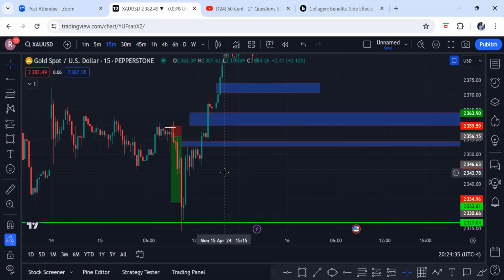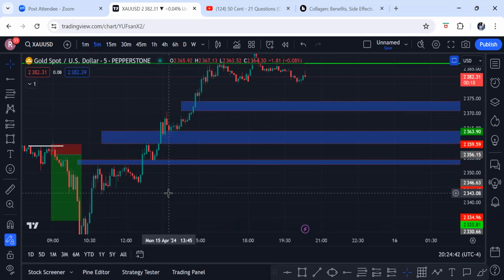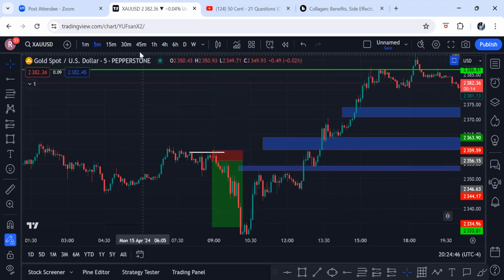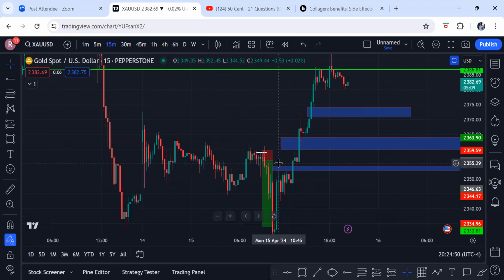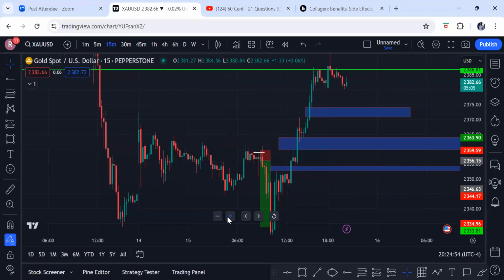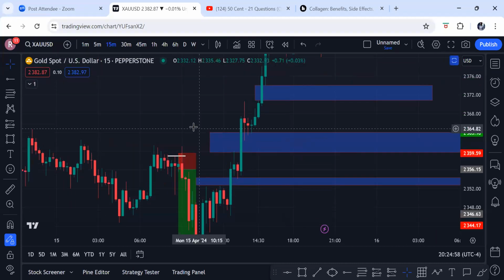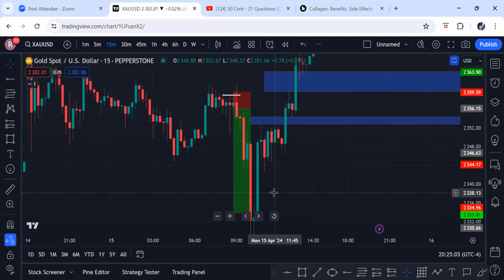Anybody can tell me, you guys advanced, you should be able to tell me, all right, why this sell today? Why we took this sell? Just looking at this, give me a little explanation. Anybody, somebody, this was a trade.